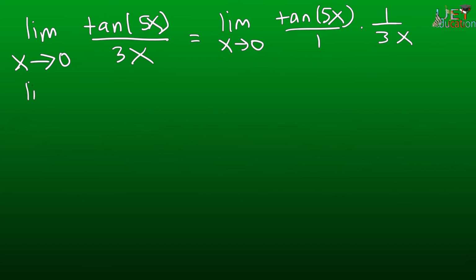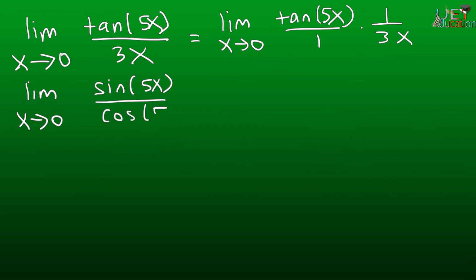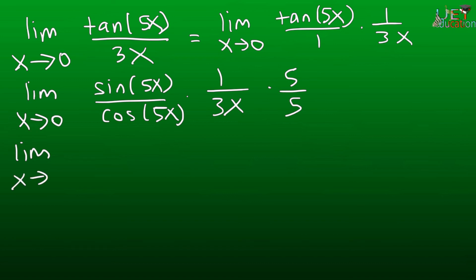Now tangent is sine divided by cosine. So what we have now is sine 5x divided by cosine 5x times 1 over 3x. Now I need a 5x in the bottom. So I'm going to multiply the top and the bottom by 5. And I'm going to move around some things.